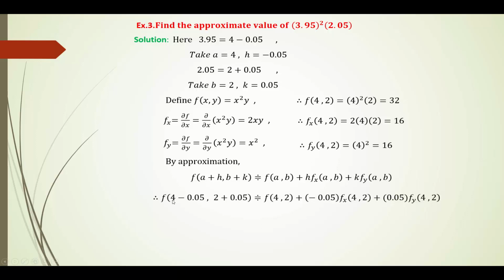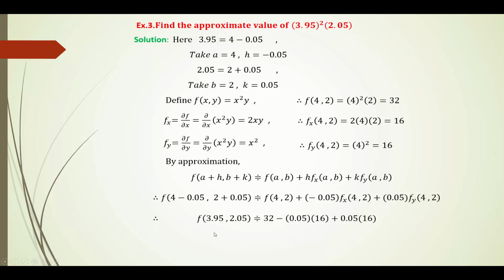So f of (4 minus 0.05, 2 plus 0.05) is approximately equal to f of (4, 2) plus minus 0.05 into fx(4, 2) plus 0.05 into fy(4, 2).